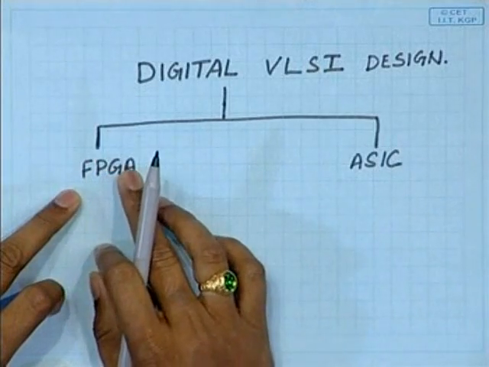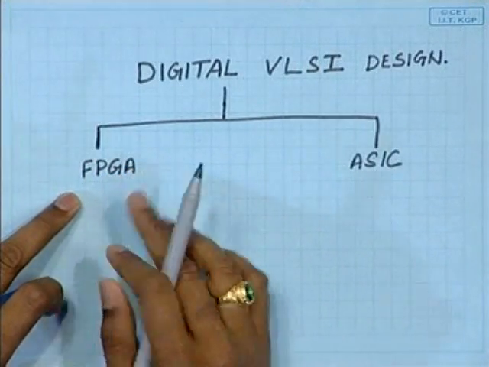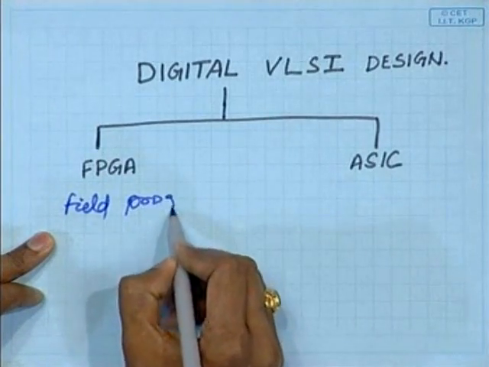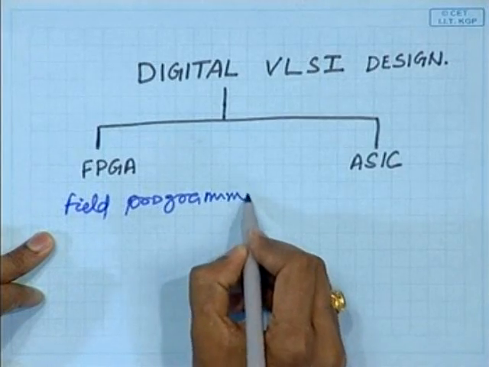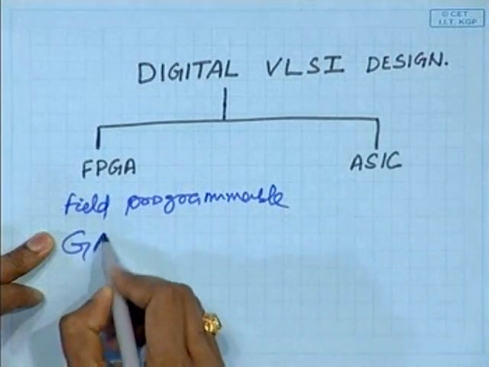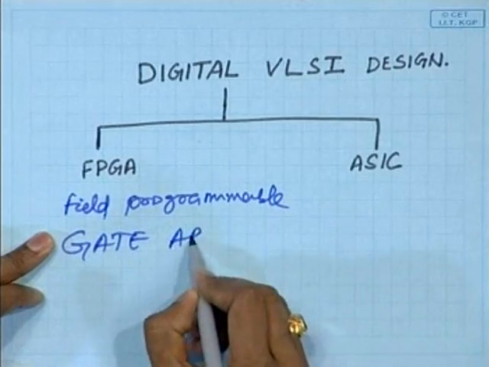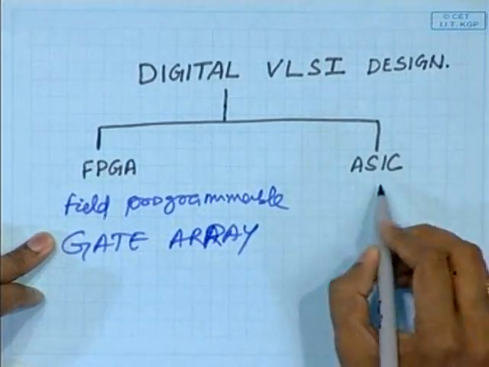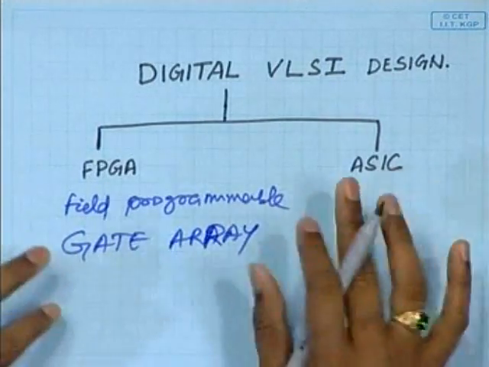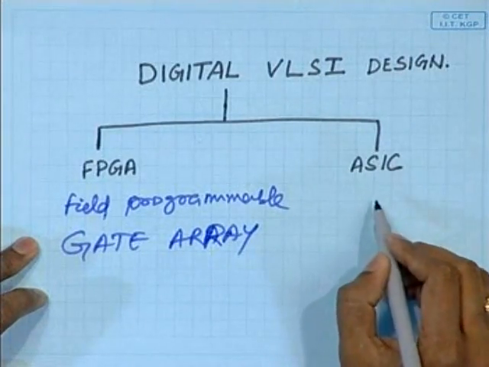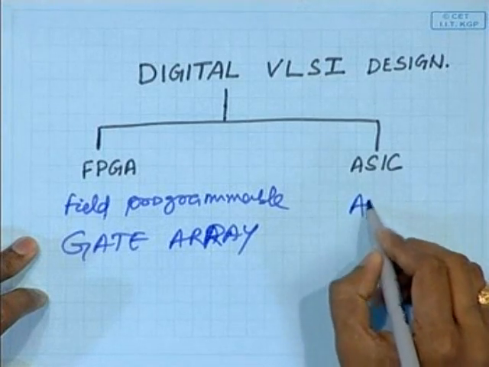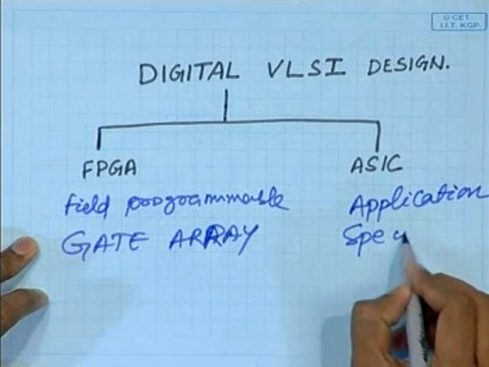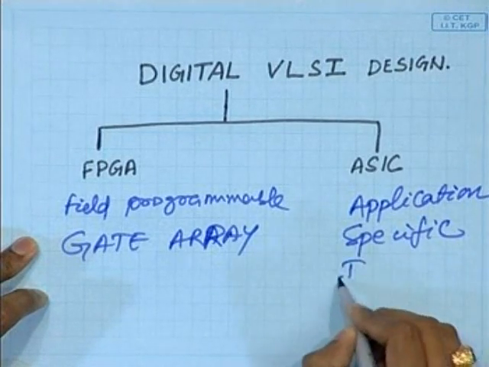FPGA stands for field programmable gate array, whereas ASIC stands for application specific integrated circuit. I will tell you what is the difference between the FPGA and ASIC.